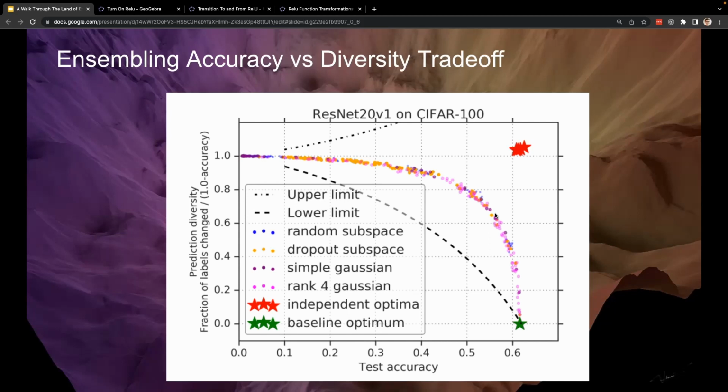It's not like somehow the voting from your 10 different models, majority wins, and now all of a sudden I've got a 99% accurate model.